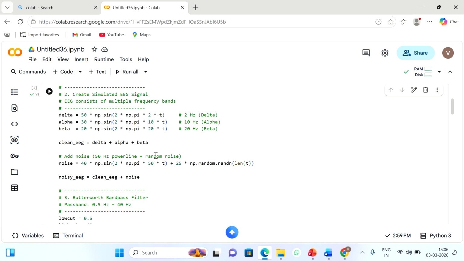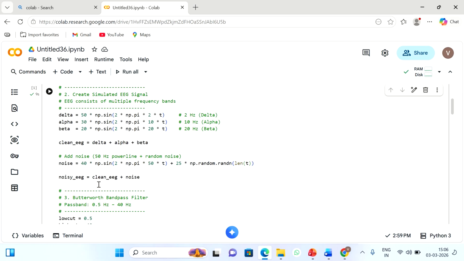It is assumed to be power line interference at 50 hertz. Then noise is equal to 40 into np.sin(2 pi f t), with f equal to 50, plus 25 into np.random.randn(len(t)).